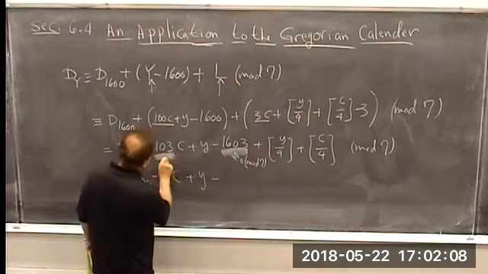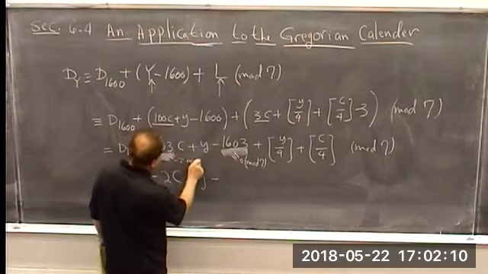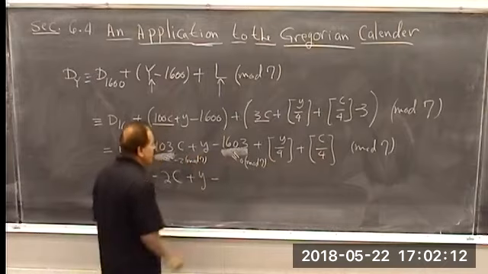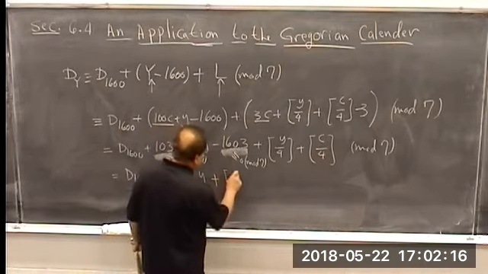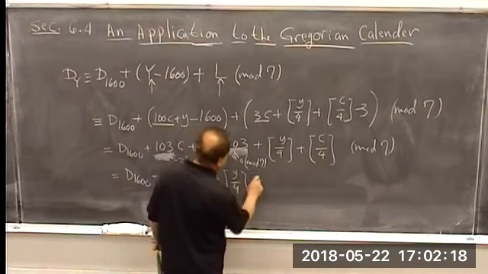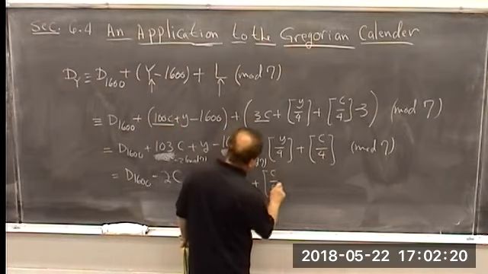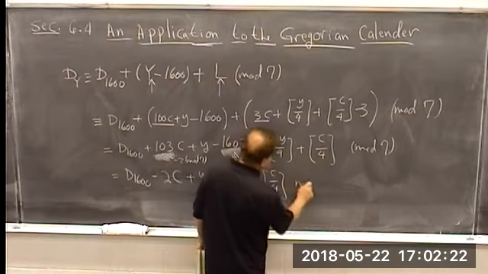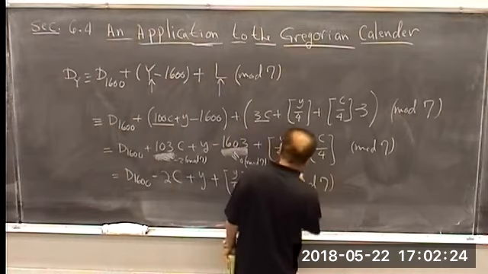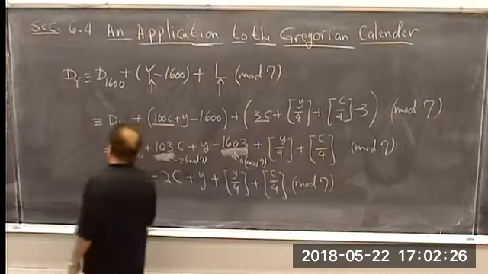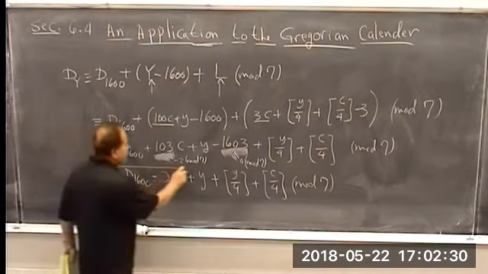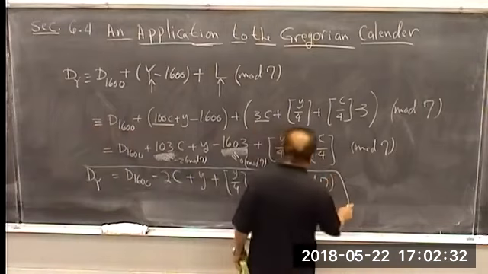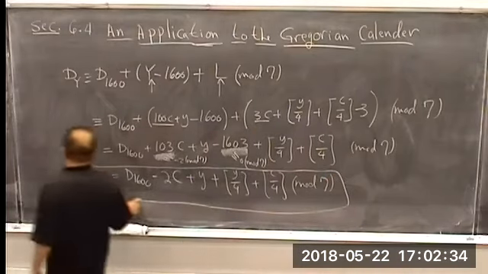And this one is congruent to negative 2 mod 7. So we're using these ideas, and then we have the plus y over 4 plus C over 4 mod 7. All right, so this is March 1st. We know March 1st for any year now.